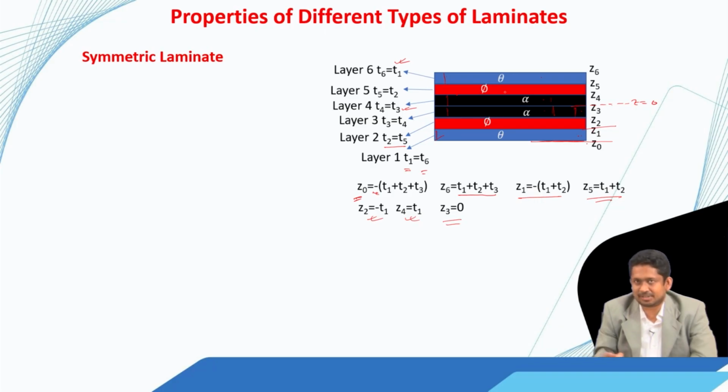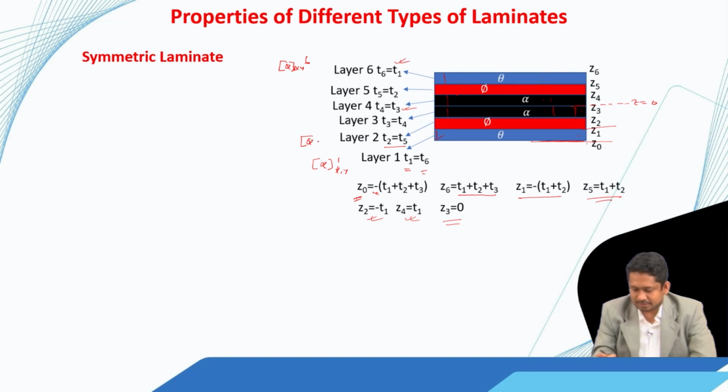Because the thetas are the same here, the Q matrix is also the same. So, whatever Q matrix we have in the first layer, Q x y in the first layer should be equal to Q x y in the sixth layer.